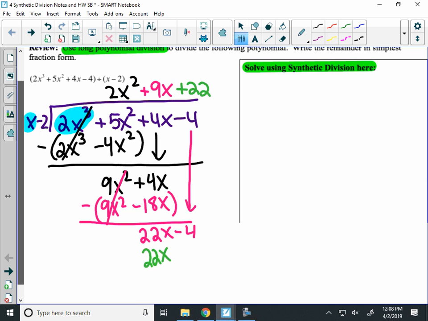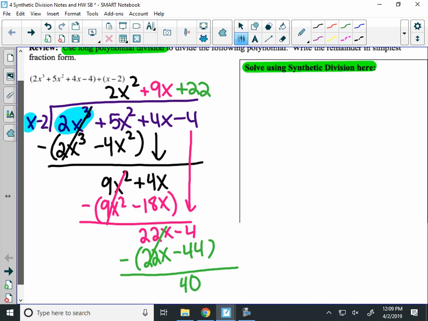And 22 times negative 2 is minus 44. Parentheses, minus. We cancel. Negative 4 minus negative 44. Positive 40. Negative 4 plus 44.